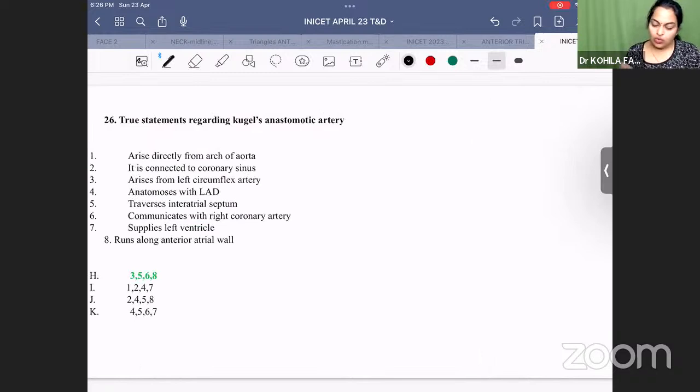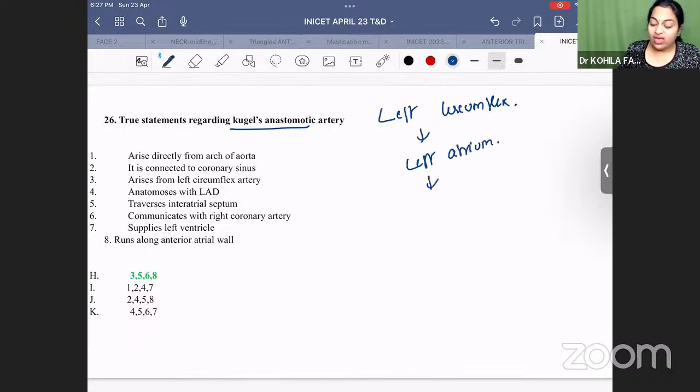True statement regarding Kugel's anastomotic artery. What is this Kugel's anastomotic artery? Blood supply of the heart is important and the variations are also clinically important. This Kugel's anastomotic artery is going to come from the left circumflex artery. It is going to supply the left atrium, but it doesn't stop with it. It goes to the right atrium and anastomoses with a similar branch of the right coronary artery.